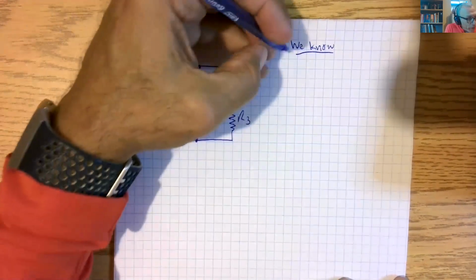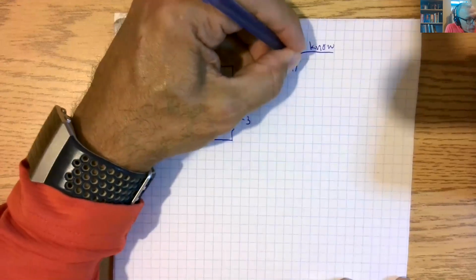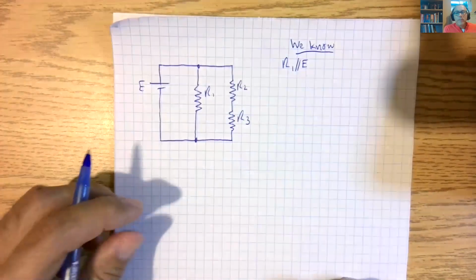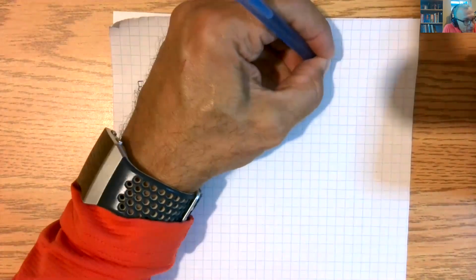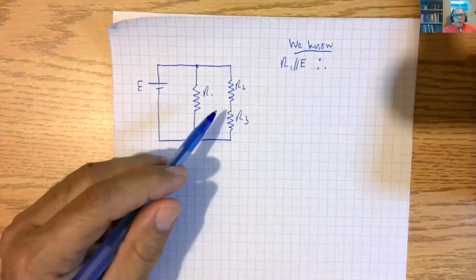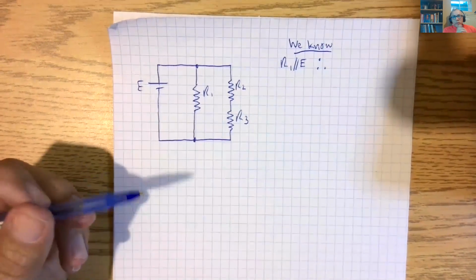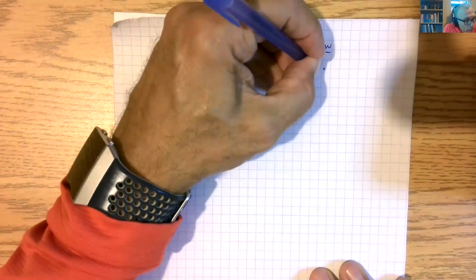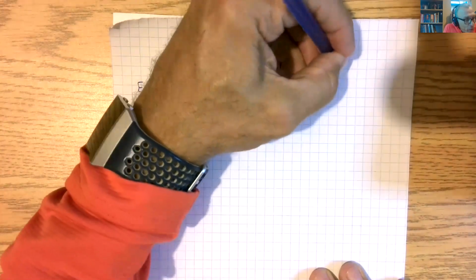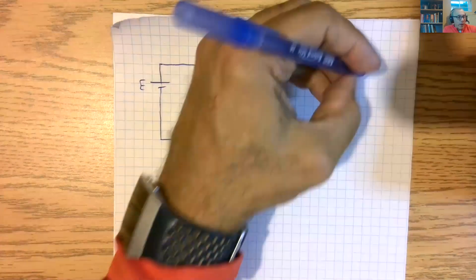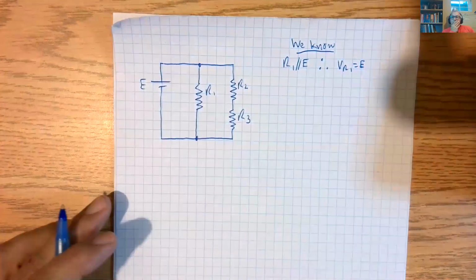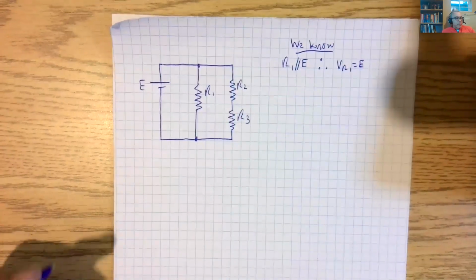Well, we know that R1 is in parallel with E, which tells us, therefore, that parallel voltages are the same. So that tells us that VR1 is equal to E. Okay, that is very important to know. All right, so what else do we know?